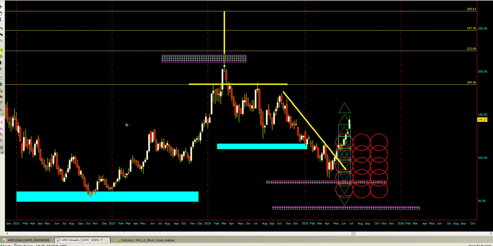All right, so here we are looking at just this weekly structure. We have broken quite a bit of trend lines here with this bar.